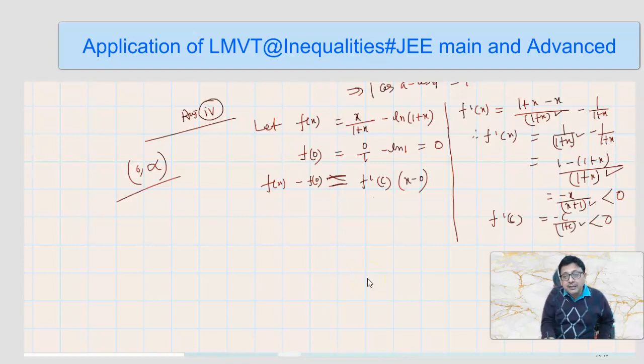This quantity is negative and this quantity is positive. So what about f(x) minus f(0)? This thing is less than 0.